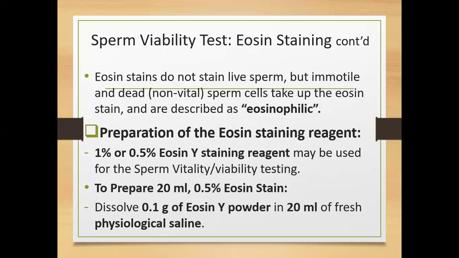So that is that. But you see, here you said that you weigh 0.1 gram and then you take 20 mils. You are expecting that it should be 20 mils of water. But it cannot be water because they're going to use it on sperms.